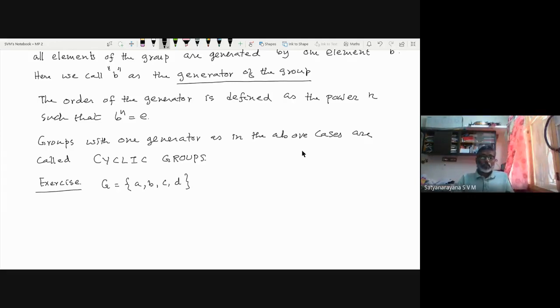Of course, one condition is that you have B, B square, B cube, and B to the power 4 is equal to identity. One condition is that it's a cyclic group.